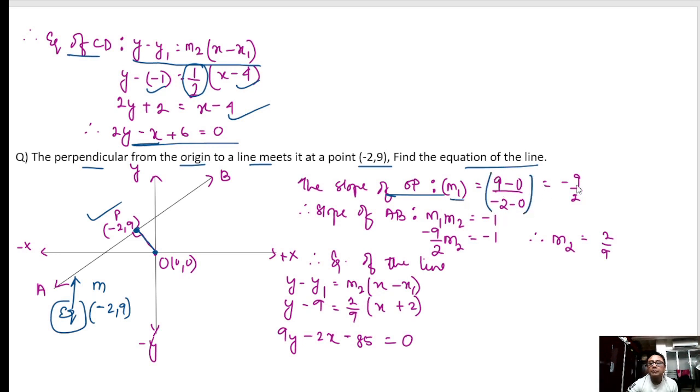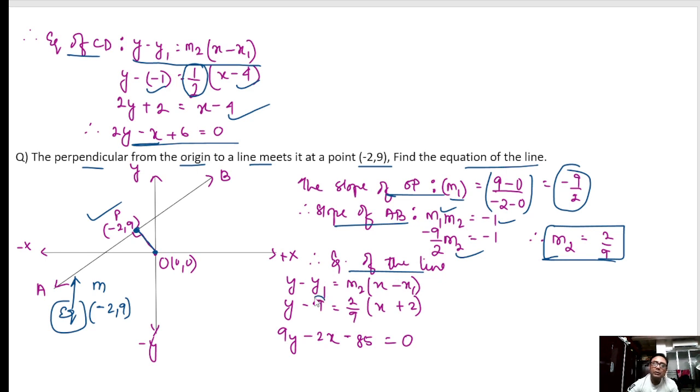y2 minus y1 by x2 minus x1. Now OP is perpendicular to AB. So m1 m2 equals minus 1, we can calculate the slope of AB. So this is the slope of AB line. And now for AB, I know the slope, I know the coordinate through which it passes.